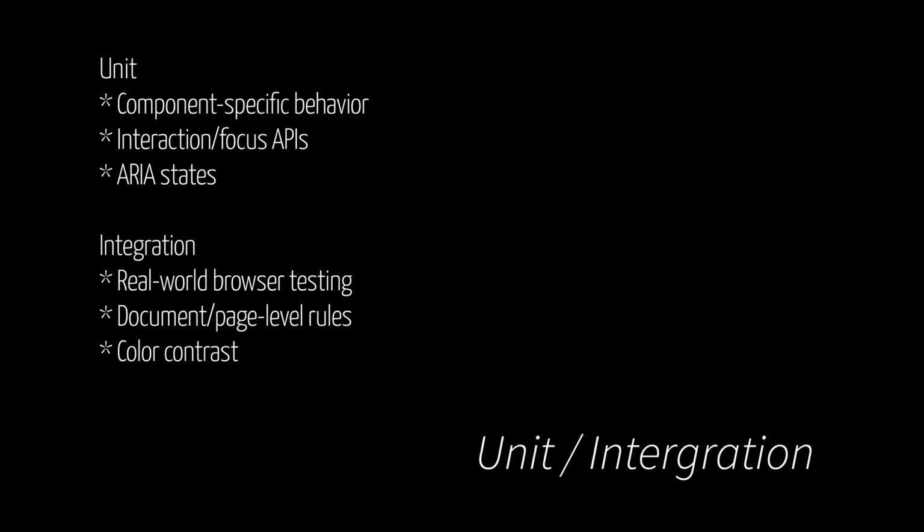Some of the things you would want to focus on in unit and integration would be, and I would like to credit Marcy Sultan for this list: unit testing, component-specific behavior, interaction and focus APIs, ARIA states; integration, real-world browser testing, document and page level rules, color contrast.